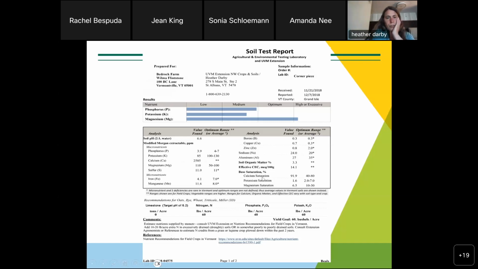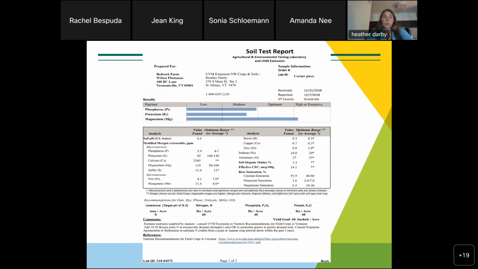Okay, so let's go down to the actual numbers, this table. There's a lot going on here. And right at the top, it gives us the soil pH. And you can see this says 2-to-1 water. Sometimes it'll say 1-to-1 water. pH can be reported in different ways.